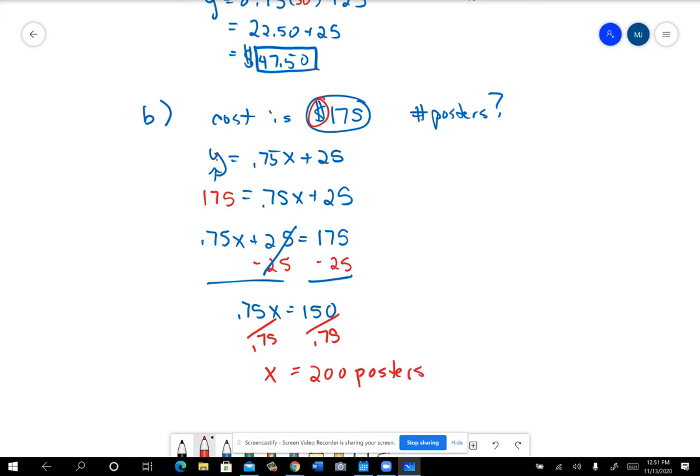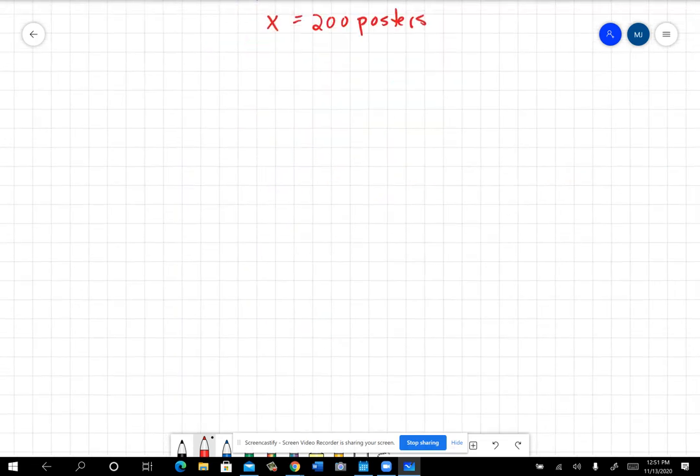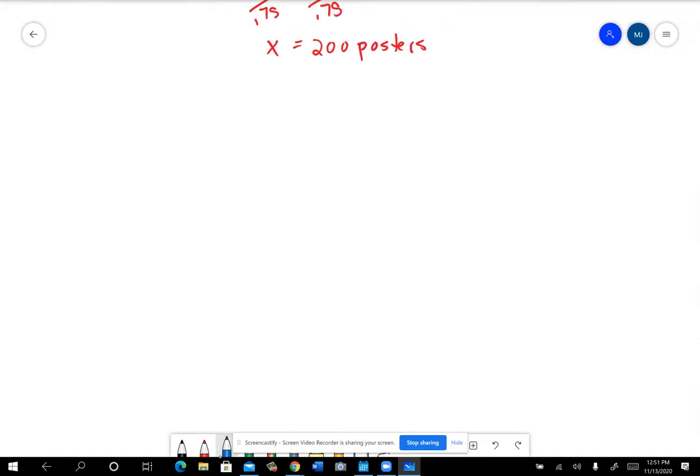I think that's an important question to understand what these equations in 2 variables are all about. The next one I thought I'd show you is number 9. That one gets into graphing. It says, find the intercepts and graph the equation.